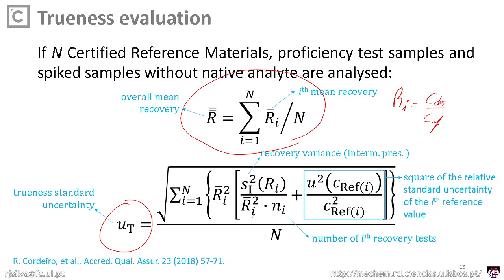So if you have this term for each reference material, and if you divide all the square root by n, you get the standard uncertainty associated with the overall mean.